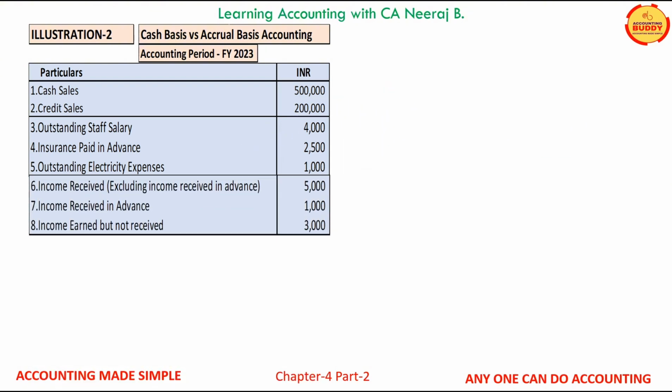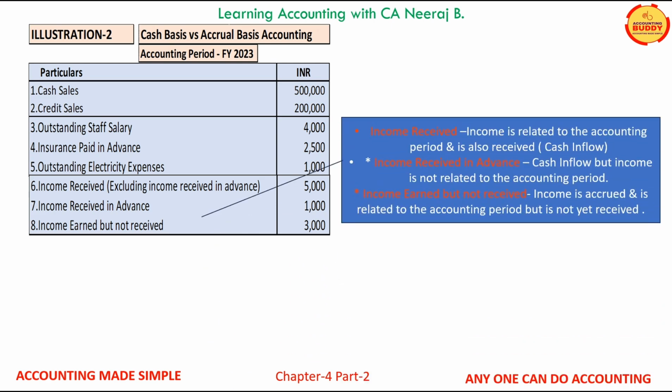Now we have received an income of 5,000 plus 1,000 income is also received in advance. We also have an amount of 3,000 income which is earned but not received. Let us analyze these income transactions one by one.